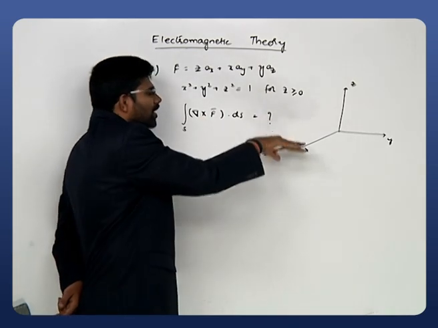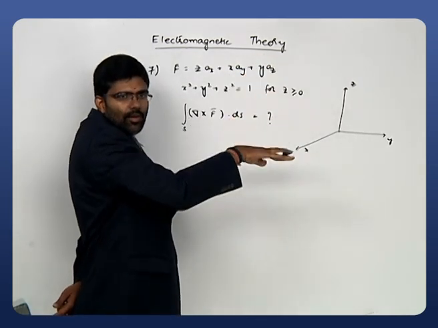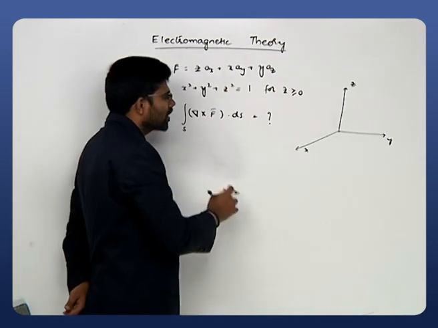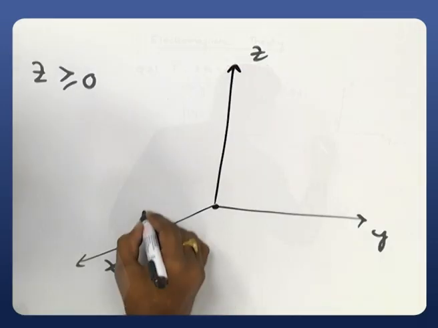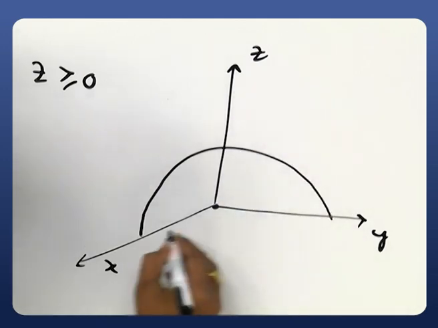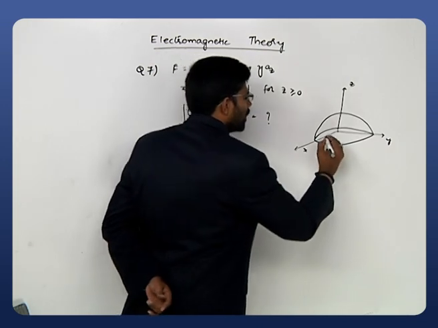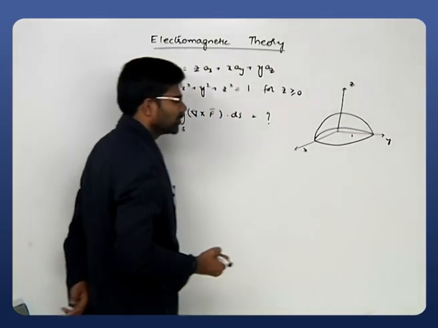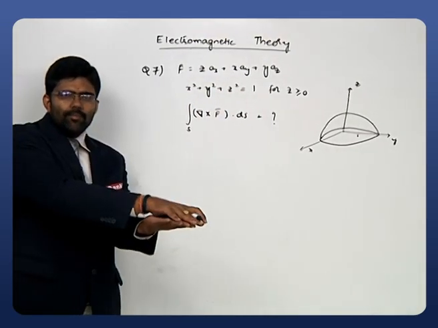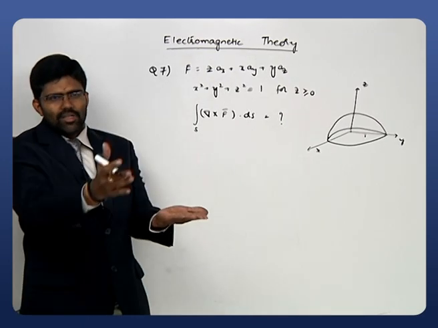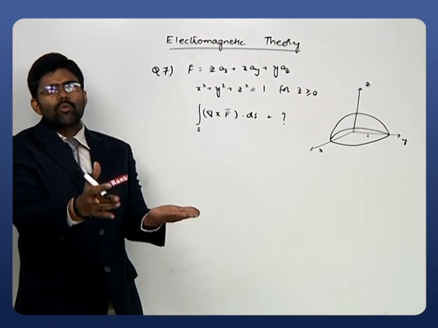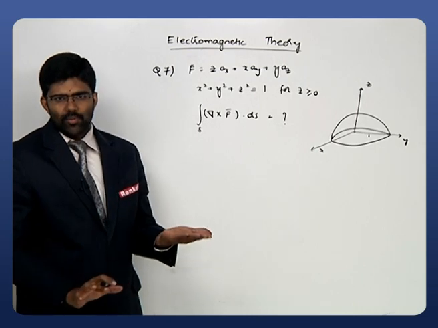It is placed above the xy plane, for z greater than or equal to 0, it was described. So clearly this is the sphere we need to consider. The radius of the sphere is 1, and it is placed on the xy plane in such a way that the half sphere is above the xy plane, right?